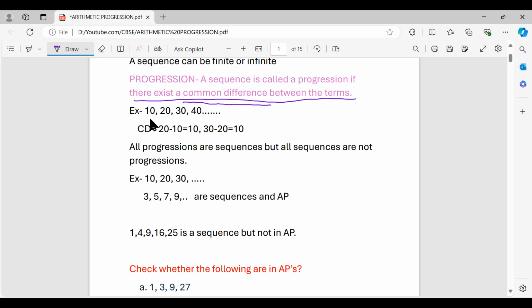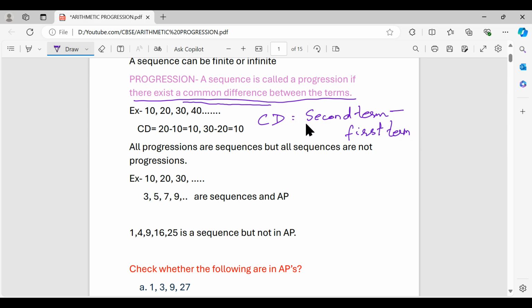So you can see here 10, 20, 30, 40. Whenever we have to find the common difference, we have to do second term minus first term always. Don't do it either way, first term minus second term, that will be wrong.